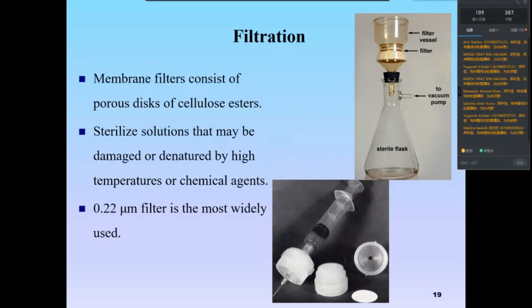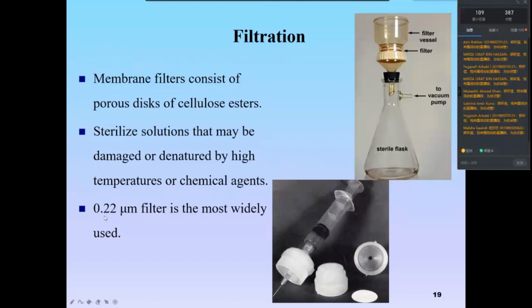Another physical method we can use is filtration, or we can call it filter. It's a very simple procedure in which you allow some liquid or air to go through a filter. On the filter, there are very tiny pores.